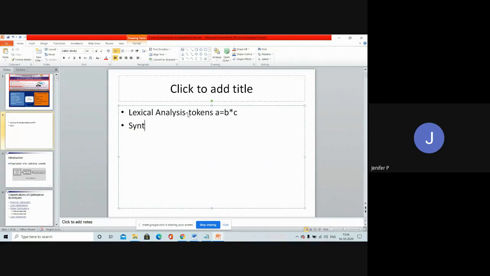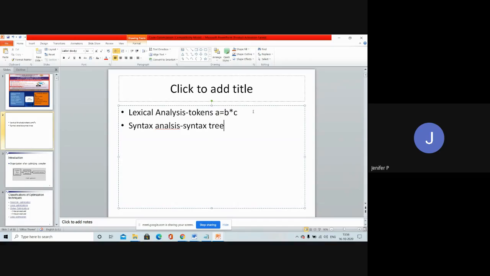The next one is the syntax analyzer, or the process called syntax analysis. It produces the syntax tree or parse tree. If the syntax is okay, it goes on to construct this hierarchical structure called the syntax tree. So how to construct the syntax tree?